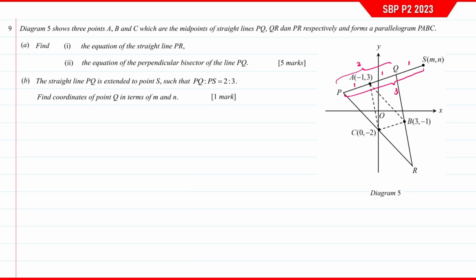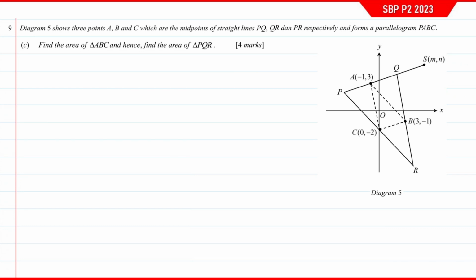Then we can say that the point Q is the midpoint of AS. Then the coordinates of Q will be (-1 plus m) over 2 for the x coordinate, and (3 plus n) over 2 for the y coordinate.